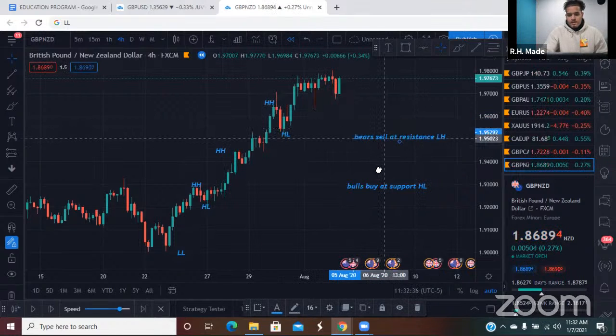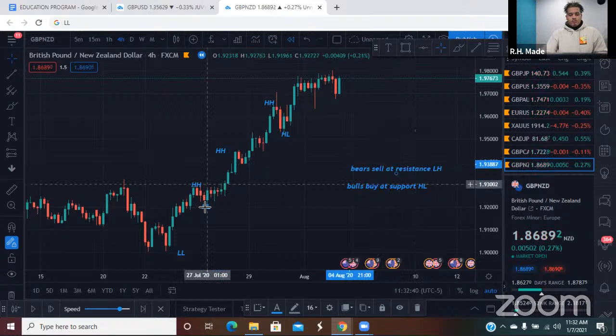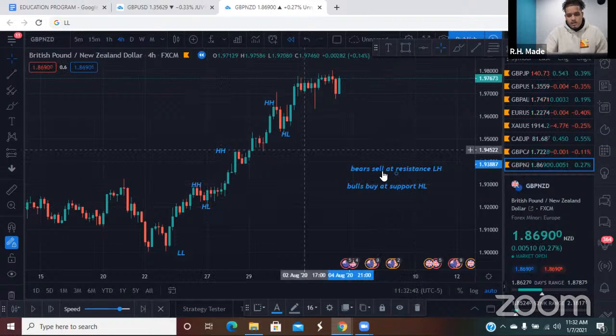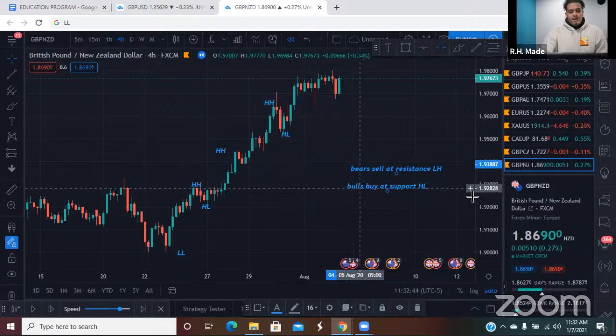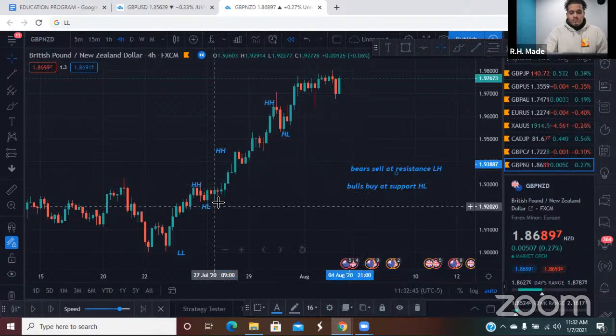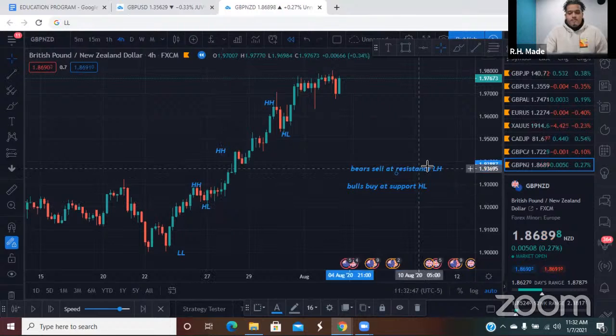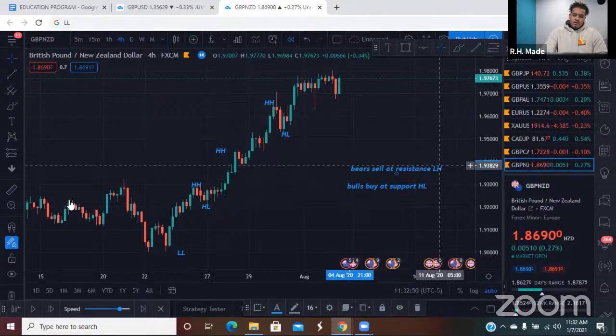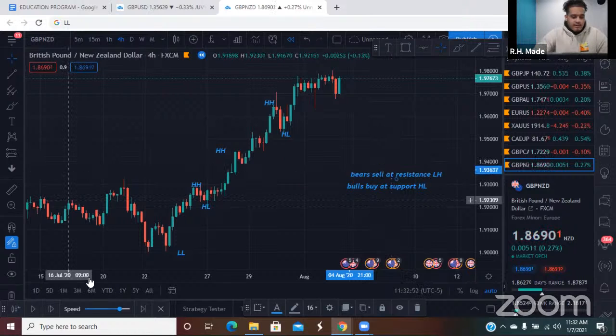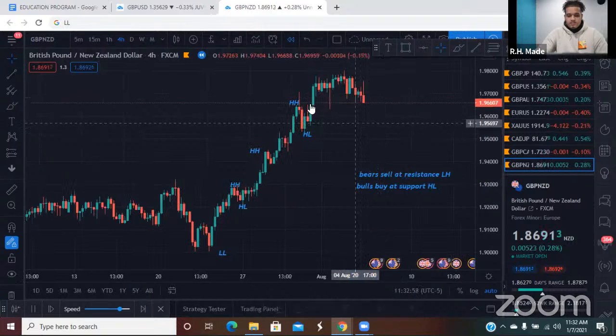So bulls buy support at higher lows, and bears sell at resistance at lower highs. I'm gonna just leave that on the side right there. You guys can copy that, take a picture, whatever you please.